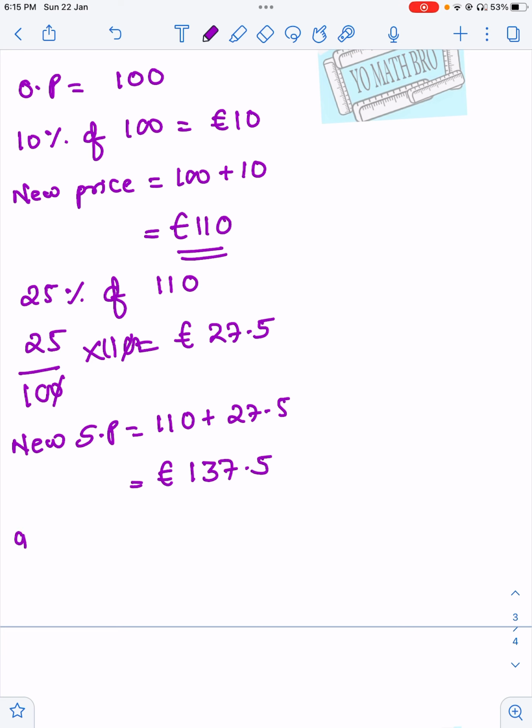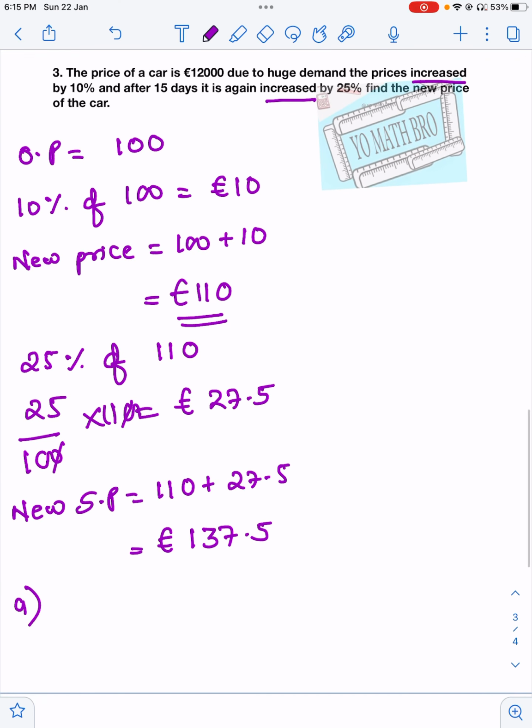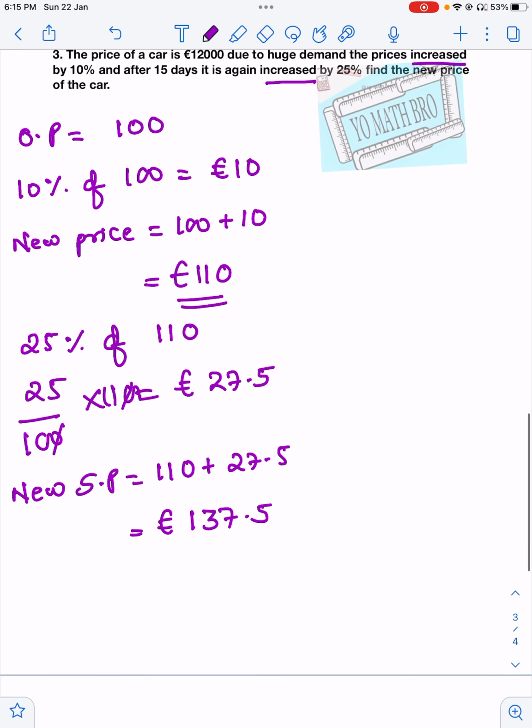137.5. Now after this you get your first step, that is overall percentage change, but here they haven't asked. So what we will do, we will directly find out the final price or the new price of the car.